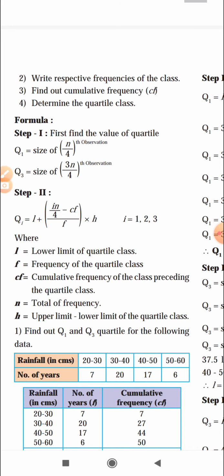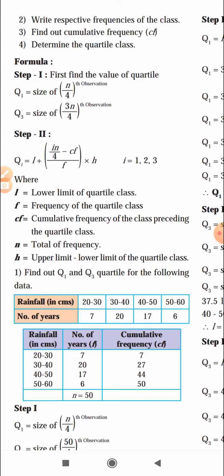Next, an example is given. Find out Q1 and Q3 quartile for the following data.